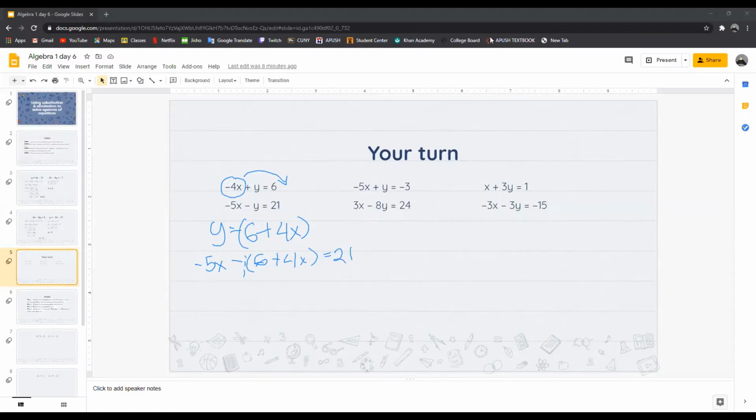Okay, so how you would get your y value is that you said x equals -3, which is correct.